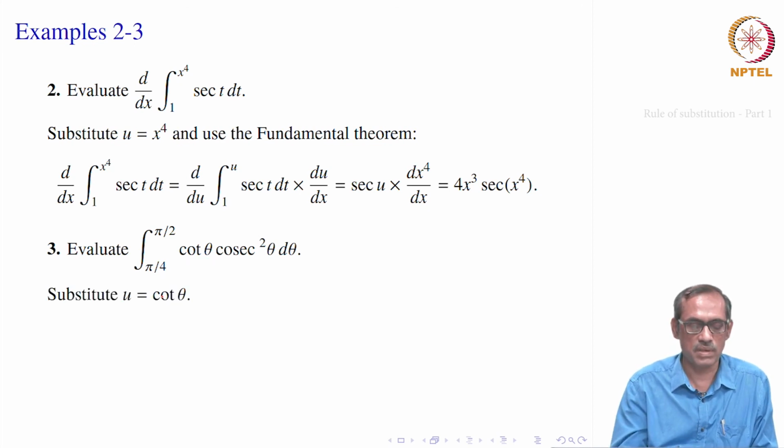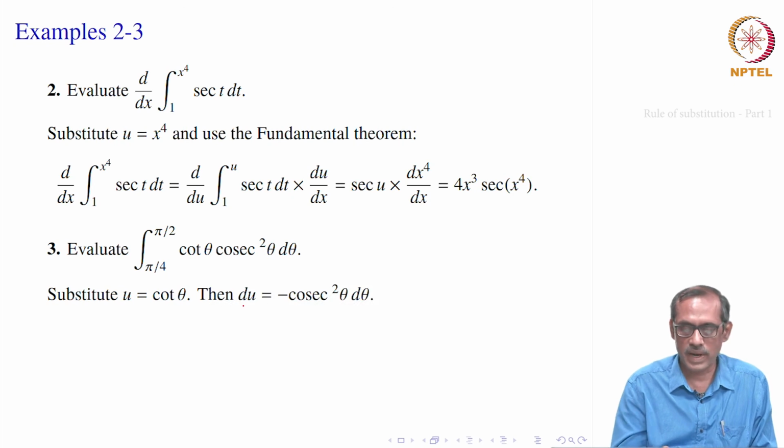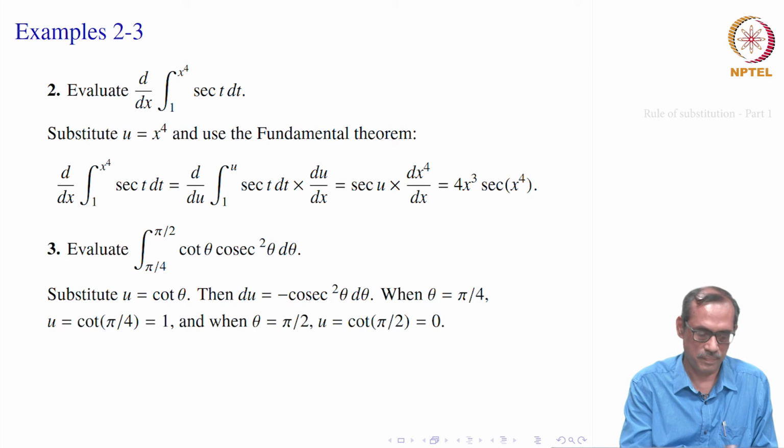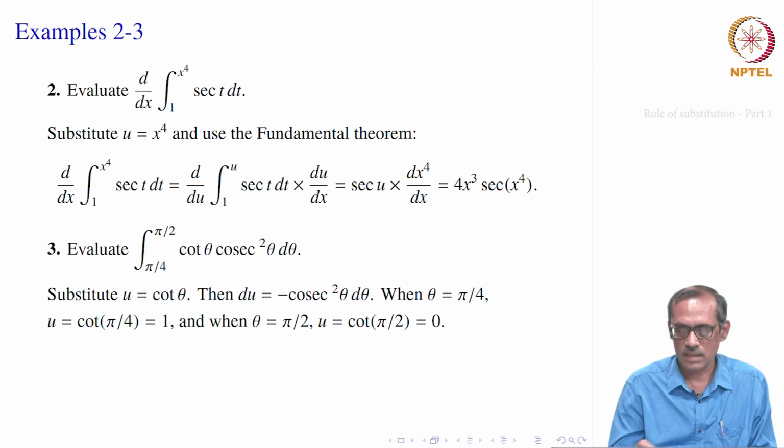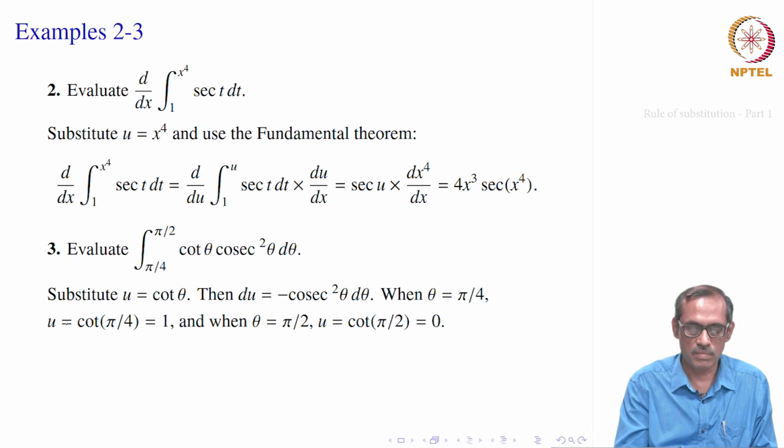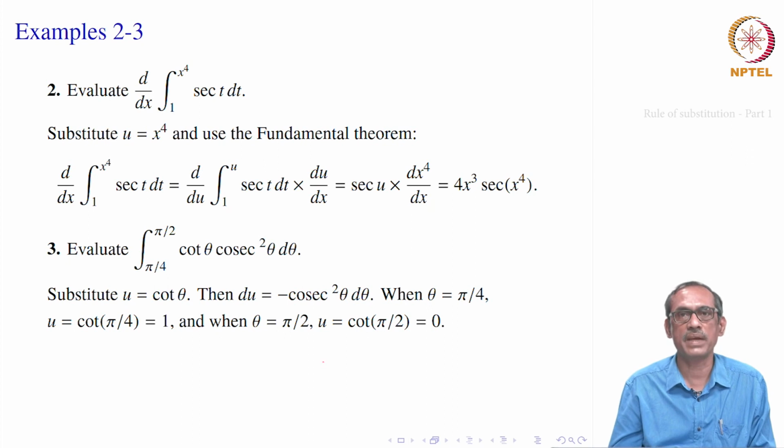Suppose we substitute u equal to cot theta, then you get the differential du as minus cosec square theta d theta. And look at the limits: when theta is pi by 4, u becomes cot of pi by 4, which is 1, and when theta equal to pi by 2, u equals cot of pi by 2, which is 0, right.